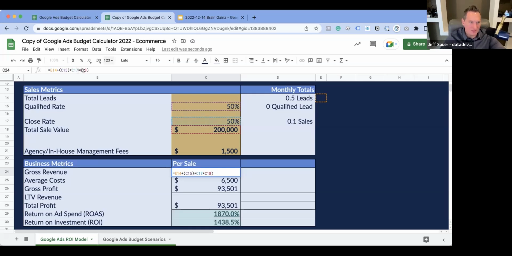Sorry, folks. So it's E14 times C15, not plus, times C17. So all those things times 200,000. Yeah, so 25,000. So even if you get 0.1 sales, it's still super profitable.